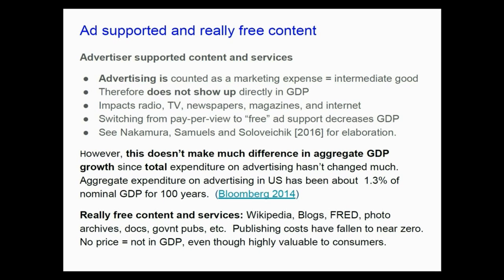So here we see publication costs have fallen to near zero, and if there's no price, it's not in GDP, even though it's highly valuable. So one could try to look at some of this truly free content and figure out how to value that, but I don't think this is, again, at the top of the list in terms of how you want to improve GDP, or alternatively, how you want to improve measures of welfare.